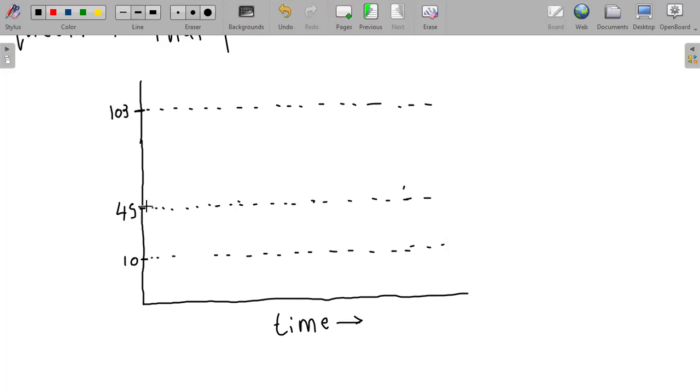The reactants begin here, then the graph goes up to 103, and then it comes down and goes flat at this point.